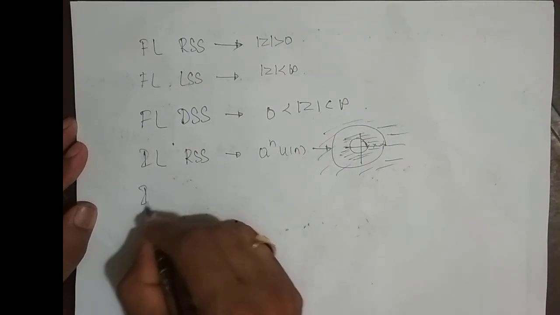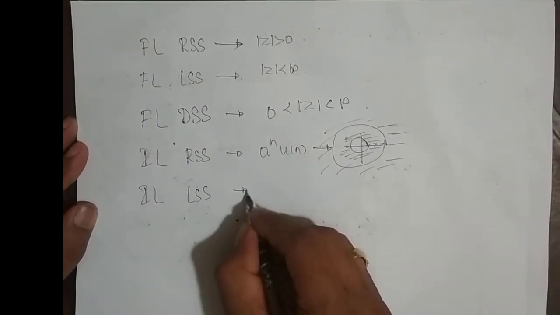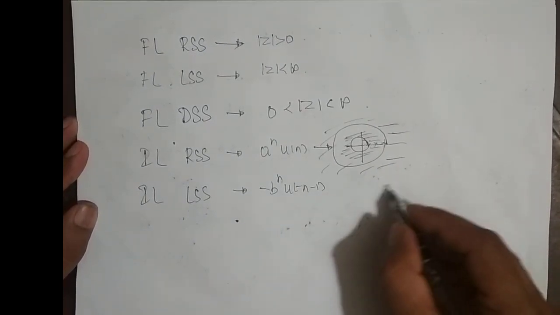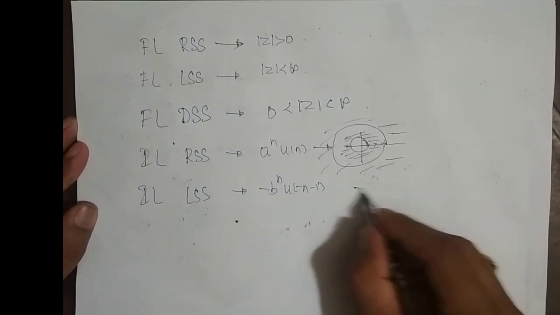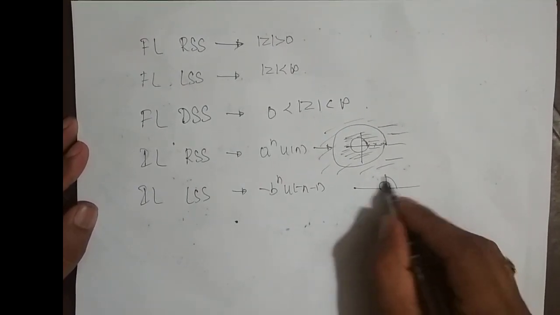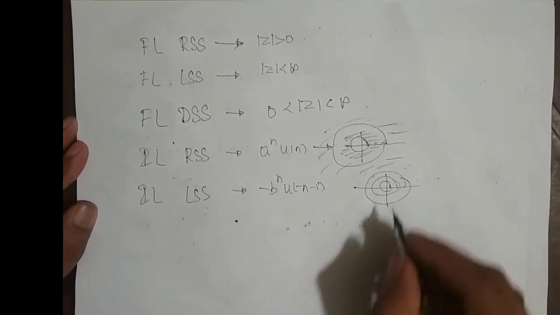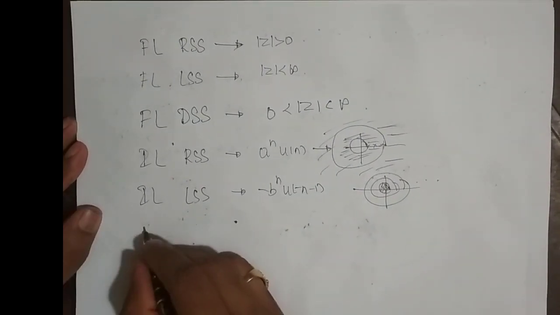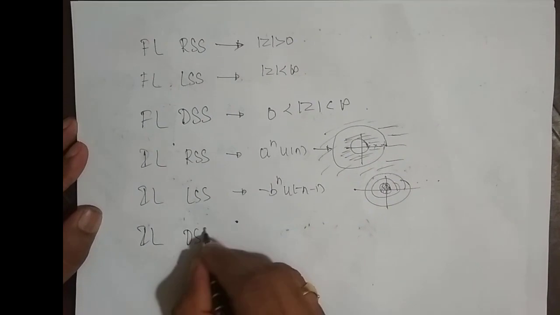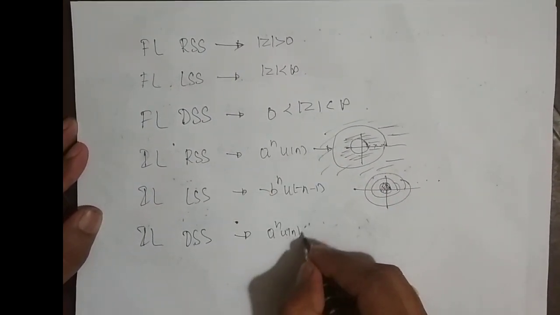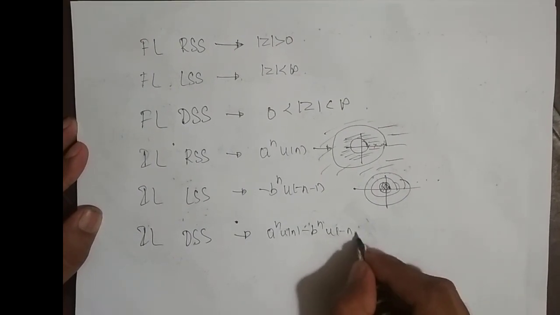And for an infinite length left-sided sequence of the form minus b power n u of minus n minus 1, the ROC was inside the innermost circle. If I have more than one left-sided sequence, we'll be having more than one circle, so it is inside the innermost circle. And what was the infinite length double-sided sequence? It was a combination of these two, a power n u of n minus b power n u of minus n minus 1.